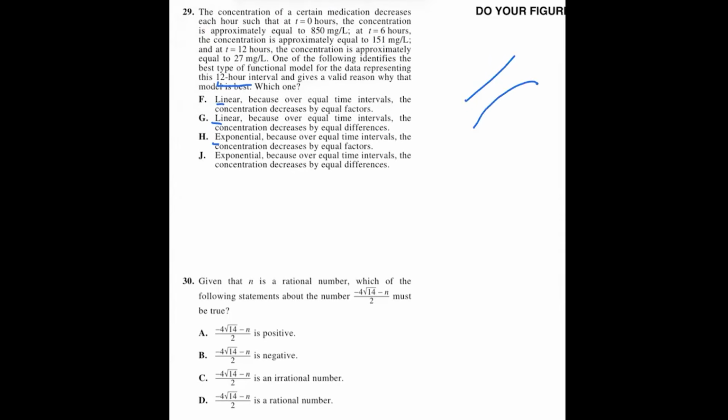So on this particular thing, I'm going to just draw out a graph. At T0, the concentration is equal to 850, and at T6, the concentration is equal to 151. And it looks like it's decreasing from there. I would simplify this and make it a little bit bigger.